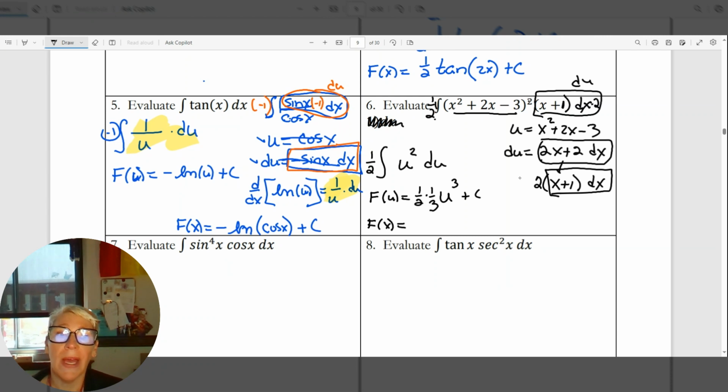Now simplifying and putting u back in, I have 1/6 u, which is x squared plus 2x minus 3, cubed, plus c.